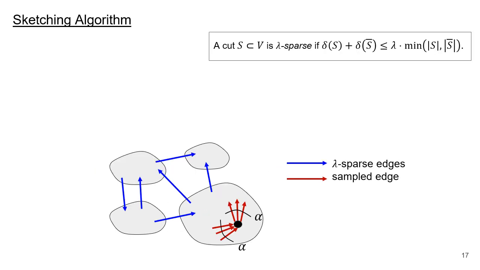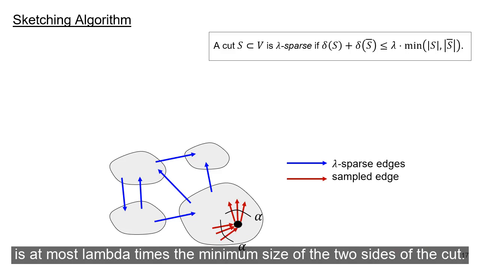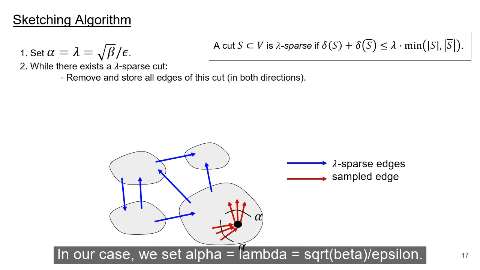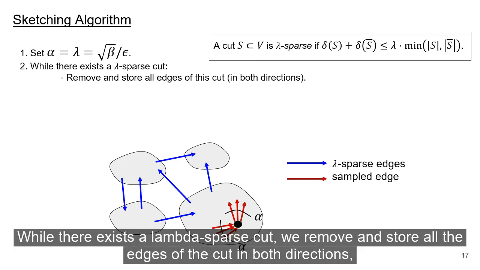To be more specific, a cut S is lambda-sparse if the total number of edges, ignoring direction, is at most lambda times the minimum size of the two sides of the cut. In our case, we set alpha and lambda as root beta over epsilon. While there exists a lambda-sparse cut, we remove and store all of the edges of the cut in both directions.